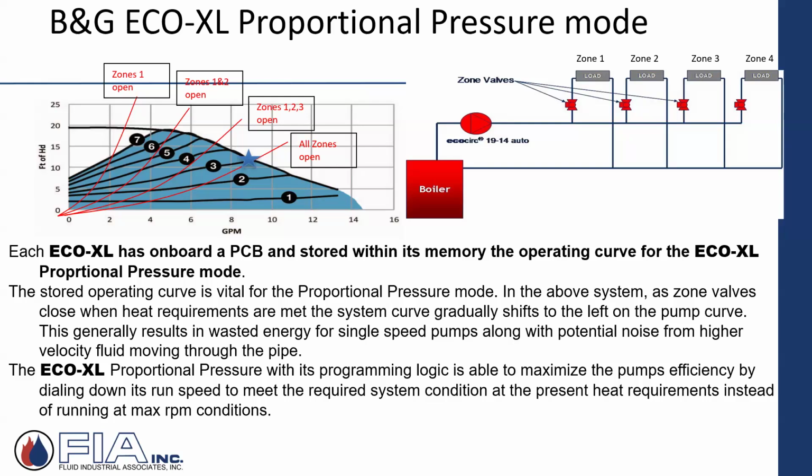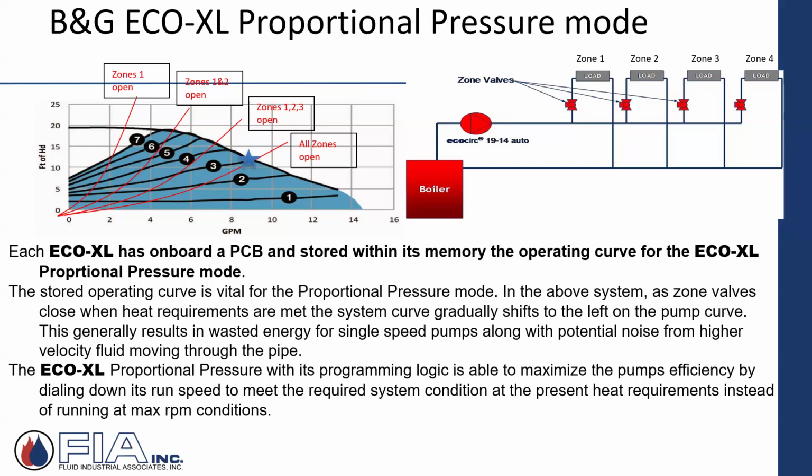It's printed, right? It's in its memory. So it knows where it's supposed to be in terms of performance. And as soon as some system conditions change and that pump starts to move off of where it's supposed to be, it will adjust. So it's a very simple application, but I got 4 zone valves. And I'm operating on pump curve 3, we'll call it, and I have all 4 zones open.